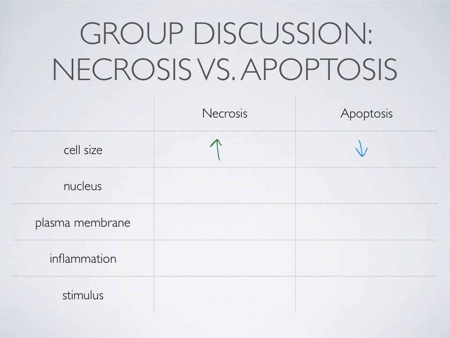What happens to the nucleus in necrosis? What do you guys think? Pycnosis, karyolysis. And what else?